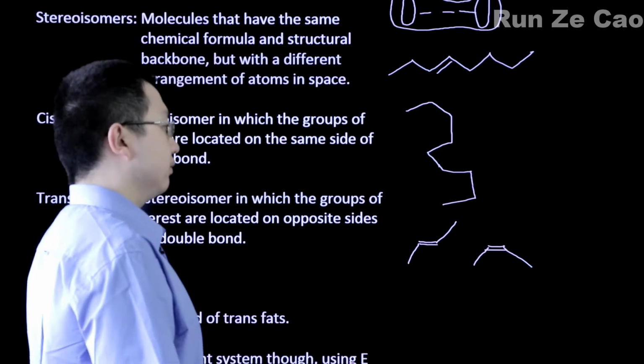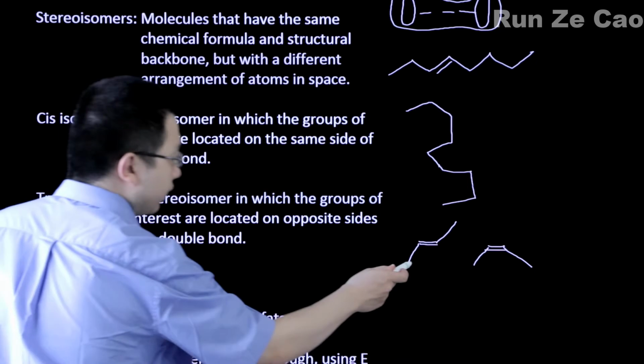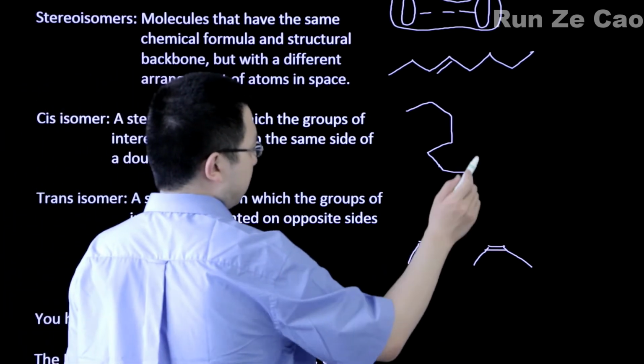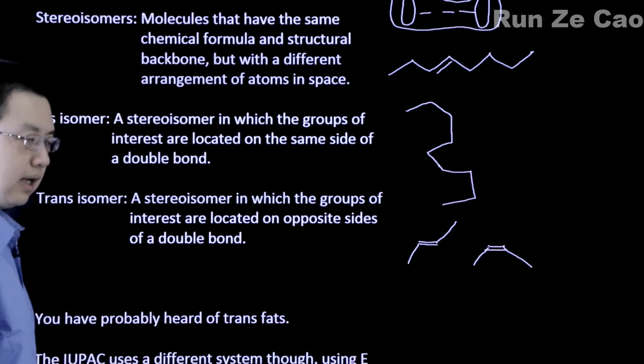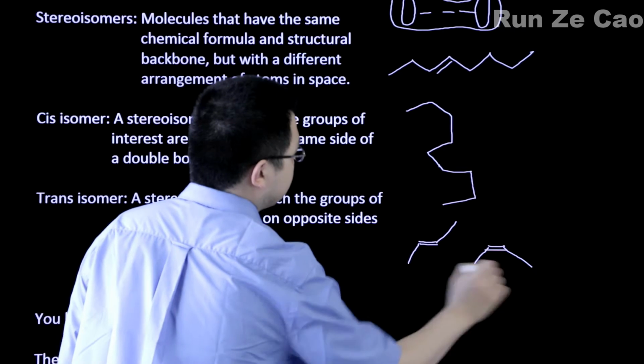What does this tell us? Well, this here we call a trans isomer because they're on different sides. A cis isomer is if they're on the same side.